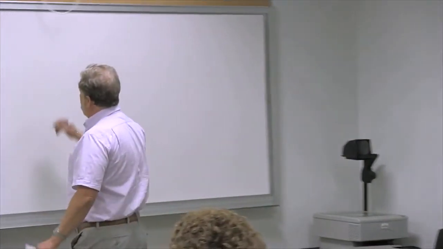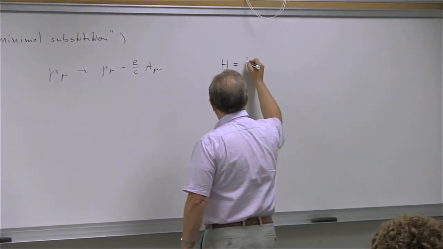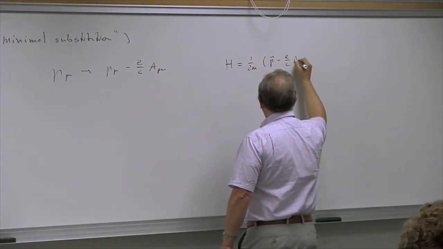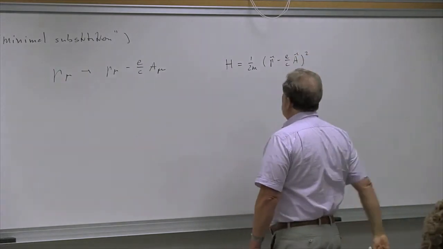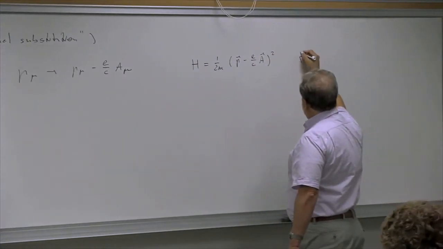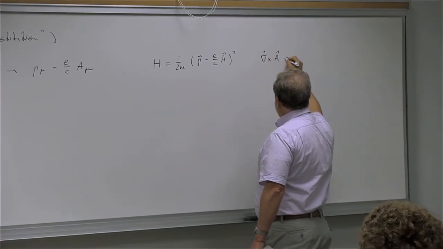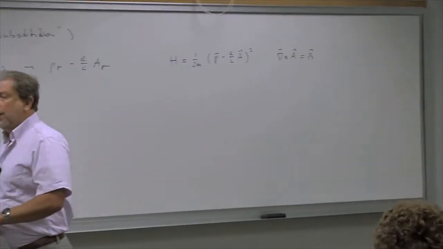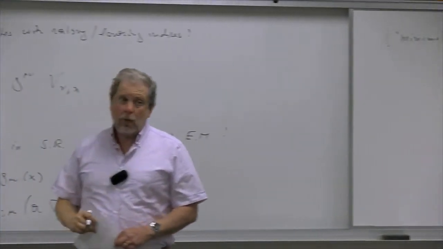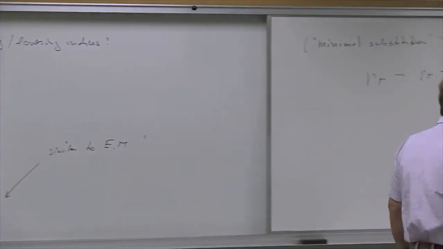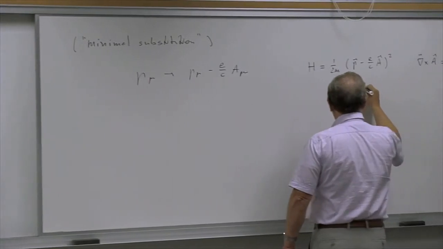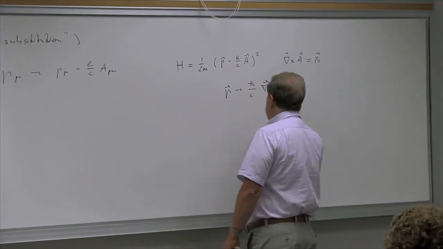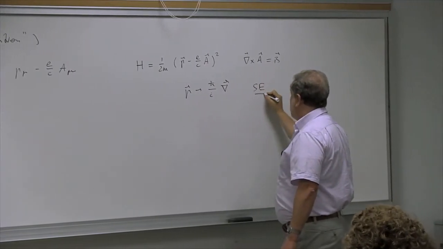Remember that the Hamiltonian for a particle in a magnetic field is 1 over 2m, the non-relativistic one, (P minus E over C times A) squared, right? Where the curl of A is equal to your B field. So this is what we do in classical mechanics, and we also do it in quantum mechanics, because in quantum mechanics, you actually replace P by h bar over i times the gradient, and that is how you get the Schrödinger equation.